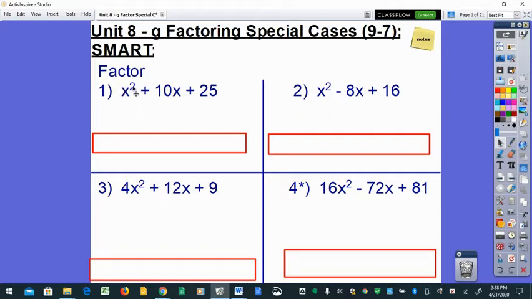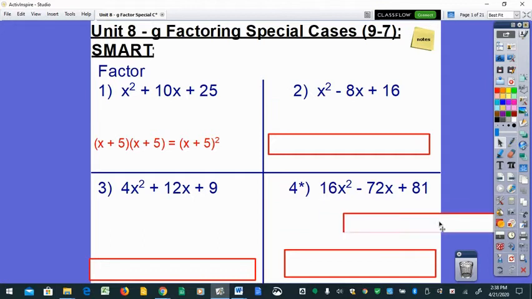It's going to give you a perfect square on the front, a perfect square on the back. If you take the square root of the front, the square root of the back, and multiply them, double it. If that is the case, then you have what I call the identical twins. So we're not going to look at the 1 and the 25. We're going to realize that this is going to be an x plus 5 and an x plus 5.